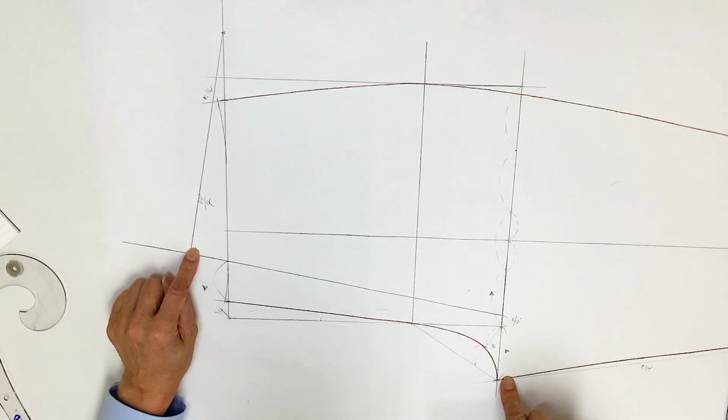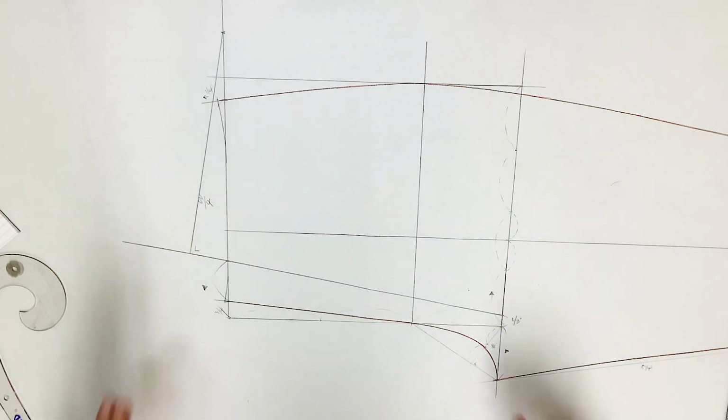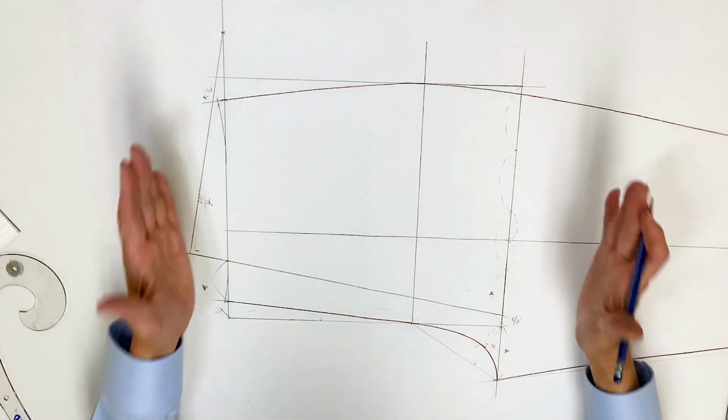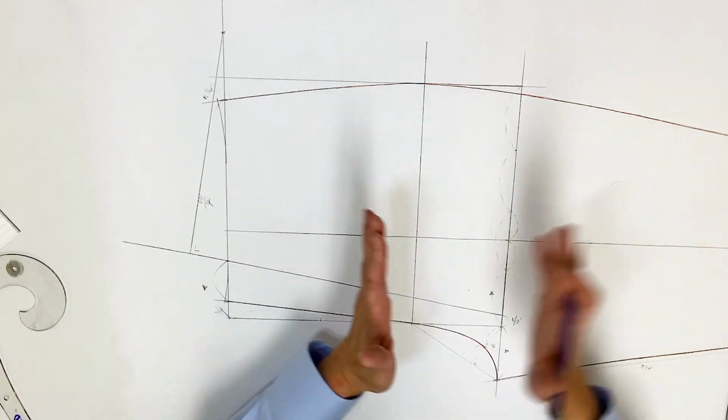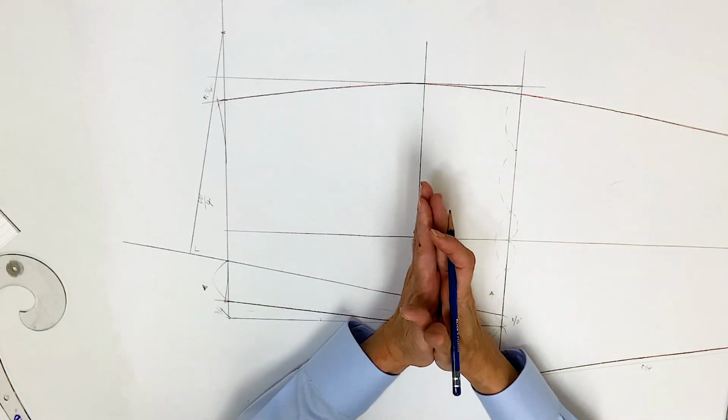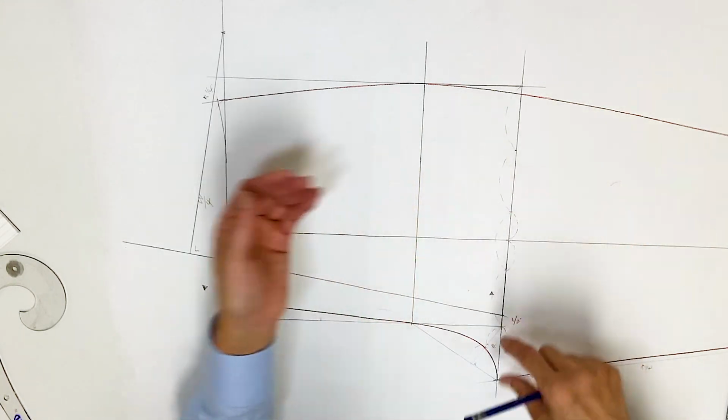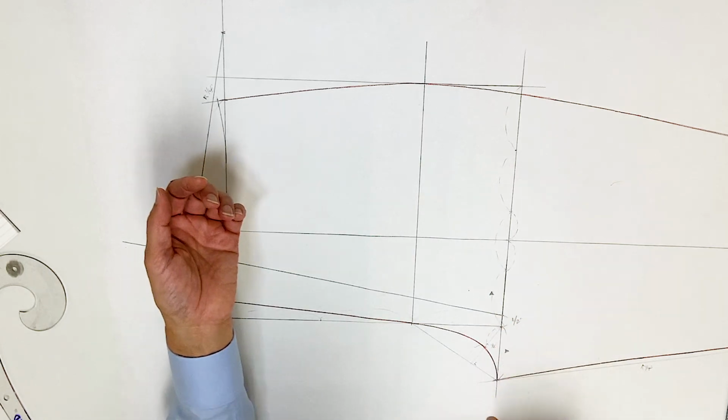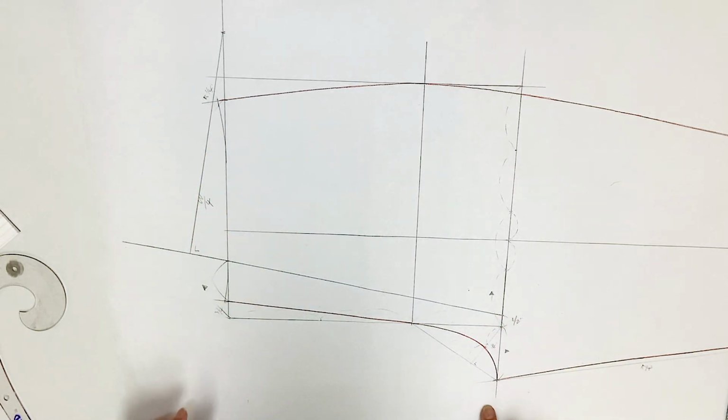Let's do the crotch here. If you look at the dress form from the side view, the back has more buttock projection, so the crotch point should be longer. How much longer?